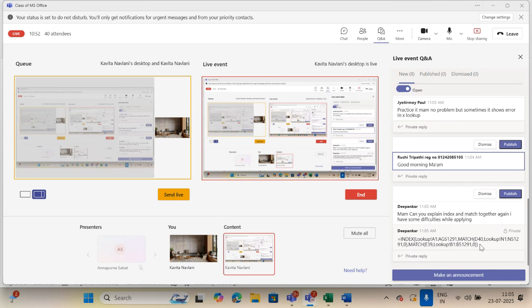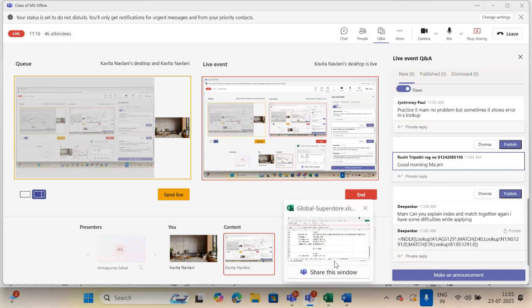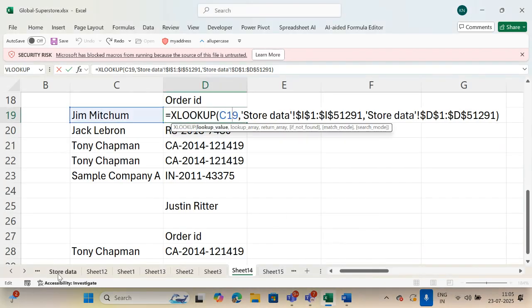Could you tell me on D40 what is the value written? D40 and E39, please give me the explanation. D40 is equal to what and E49 is equal to what? Then I'll definitely give you the complete explanation.